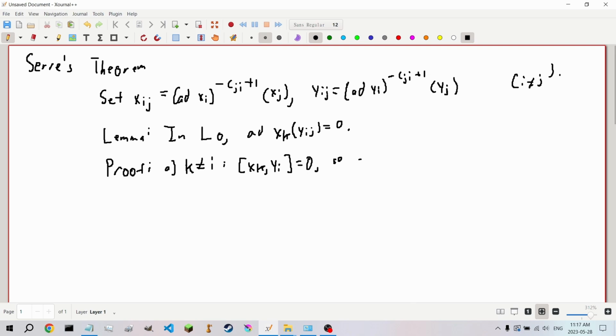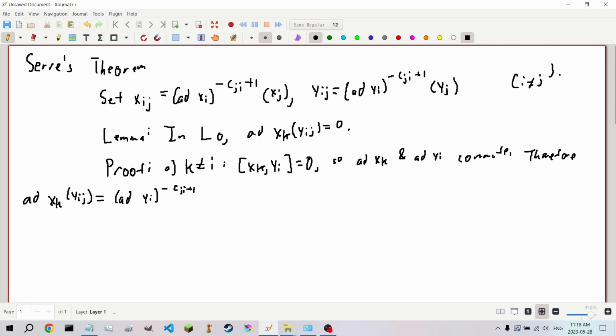So the adjoint of xk and the adjoint of yi commute. Therefore, from the above relation, the adjoint of xk on yij is the adjoint of yi to the negative cji plus 1 times the adjoint of xk on yj.